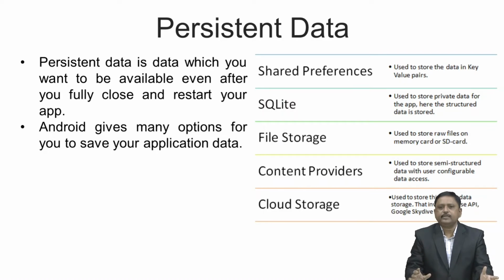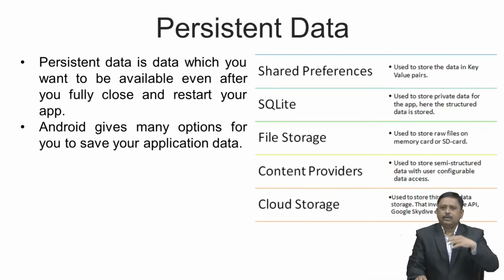The first is shared preference. Shared preference are used to store the data in key value pair. Generally, it is used to store user preferences. That is why it is known as a shared preferences.